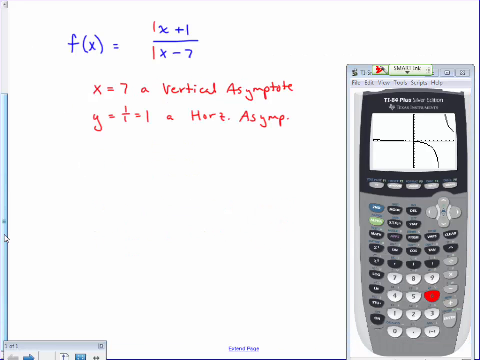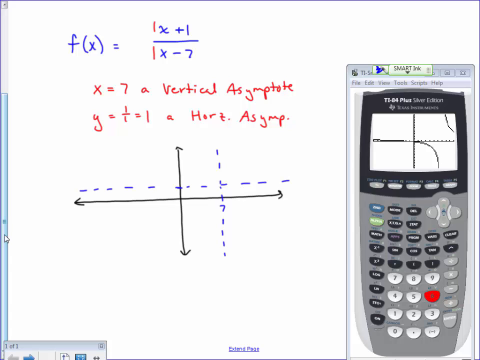So when we graph this, sketching our graph, at 7 we would draw an imaginary type of line, meaning that our graph is going to get close to that but can't touch it. And then at 1 we're going to do the same sort of thing, drawing a dotted line, meaning that our graph can get close to this but cannot touch it.